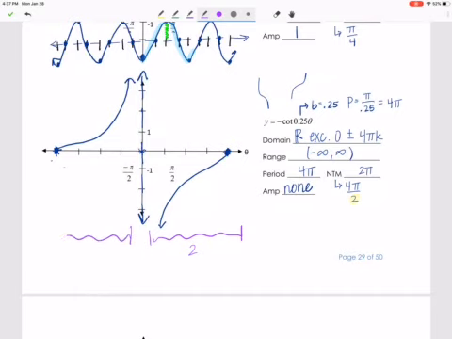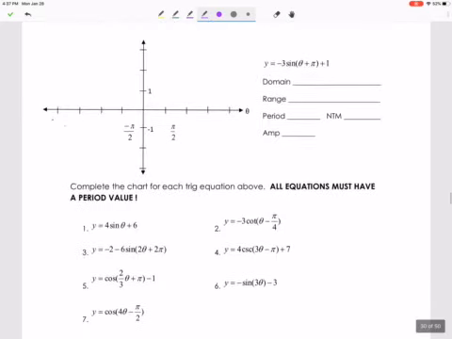Plus this stretch of 2 pi, we see the other half of the cotangent wave. So 2 plus 2 is 4. It would be a whole 4 pi before we see another asymptote. Okay? Now let's practice one where we put it all together.